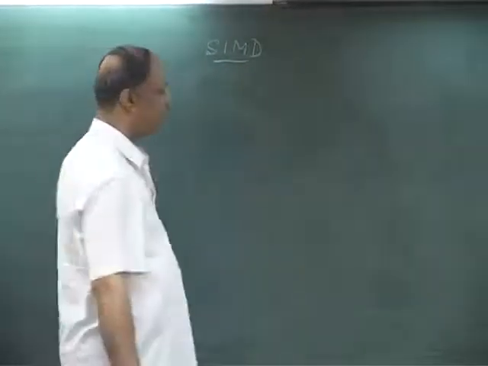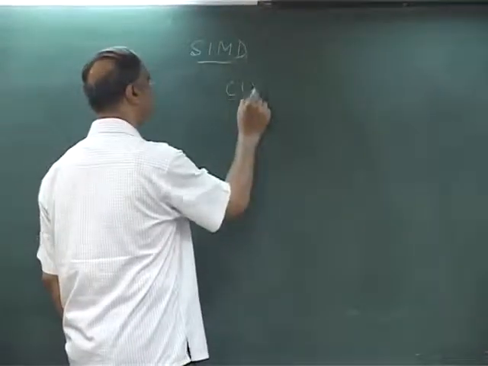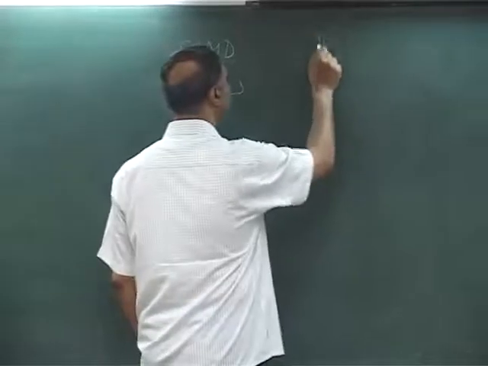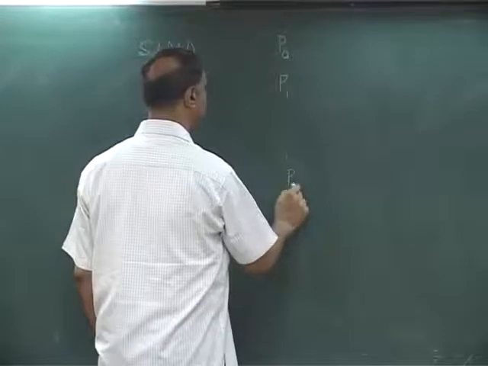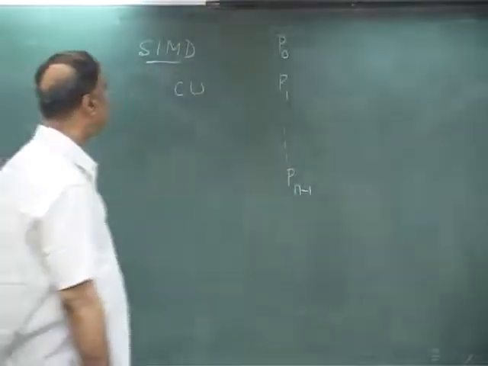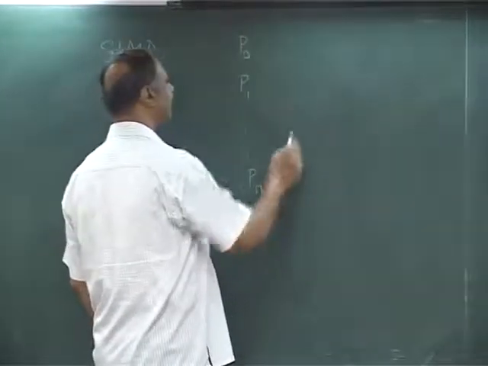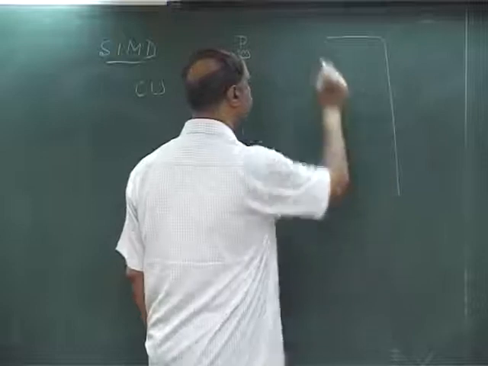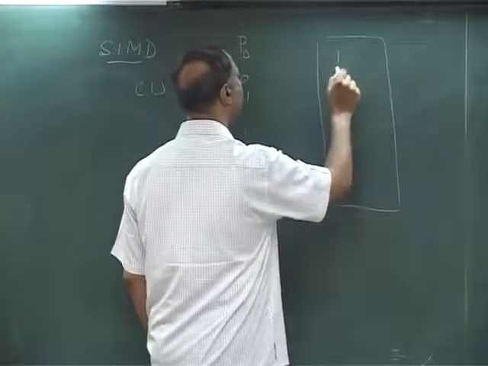Here you have one control unit and n processors, and these processors are interconnected through an interconnection network.